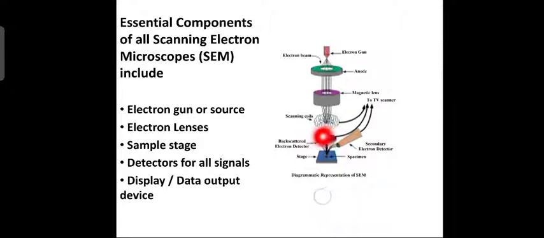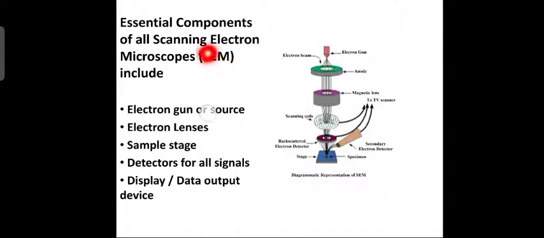You can see scanning coils over here. And then this is the backscattered electron detector, and then there is a sample here. The specimen is kept on the stage. The secondary and backscattered electrons are detected here and will go to a TV scanner, which will produce the image. So, on a TV screen you will get a magnified image.